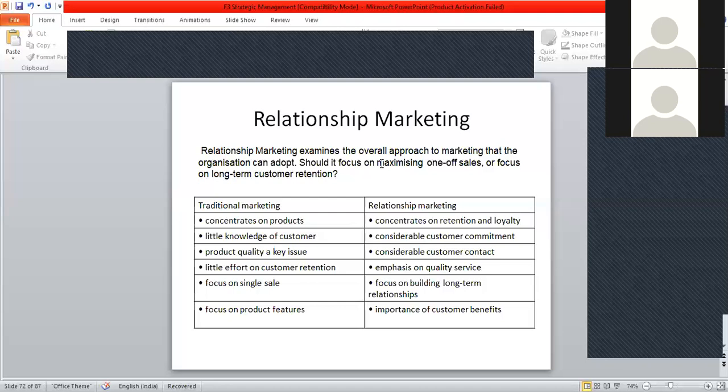So the customer is provided with that kind of information and the facility of discounts, where the customer would prefer to buy from those suppliers. So the focus is on building long term relationships. And then it is the importance of customer benefits. The focus is on providing benefits to the customers. We call that adding value to the customers. Value addition to the customers is the focus in relationship marketing.